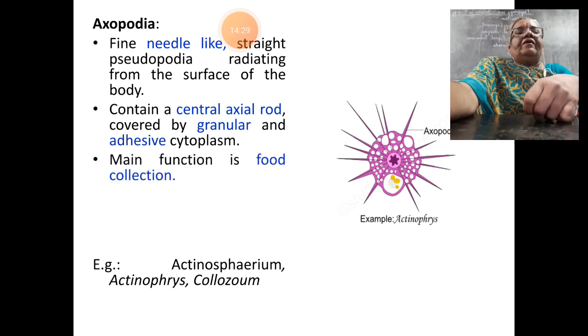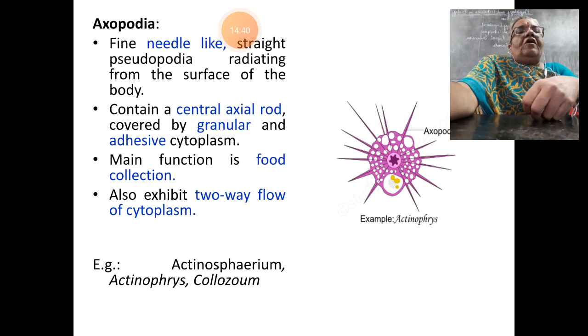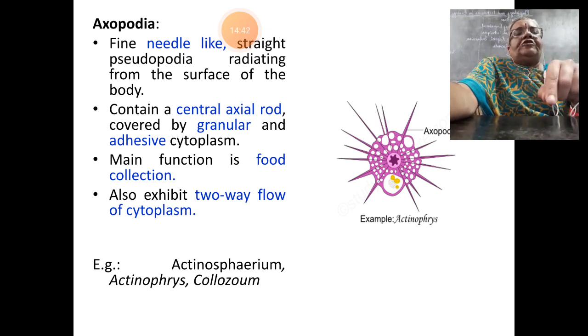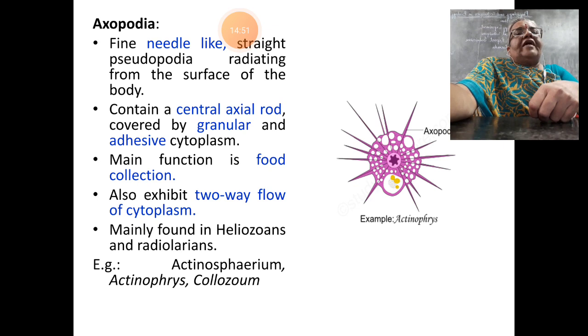The main function of axopodia is, again please note, food collection rather than locomotion. These axopodia also exhibit two-way flow of cytoplasm like the previous one. Axopodia are mainly found in heliozoans and radiolarians.